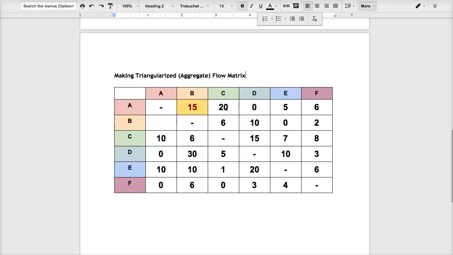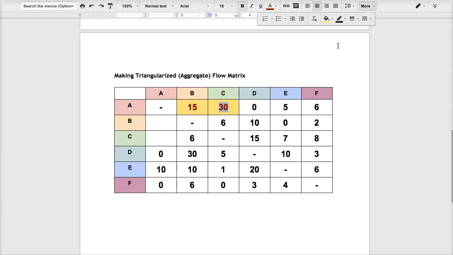Take one more example. We'll look at C. The traffic going between C and A is 20. The traffic going between A and C is 10. So therefore, 10 and 20 is 30. So the aggregate traffic going between buildings A and building C in both directions is 30.